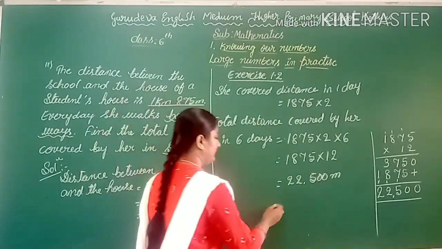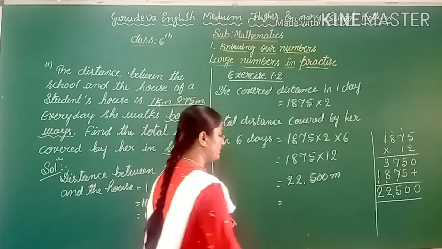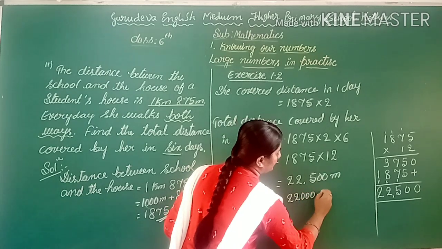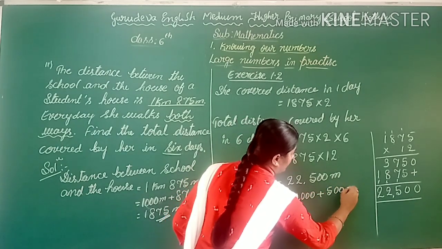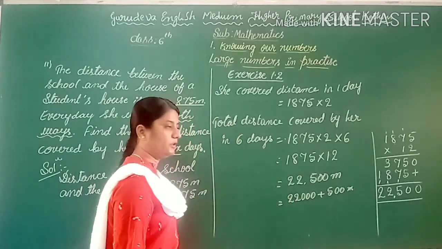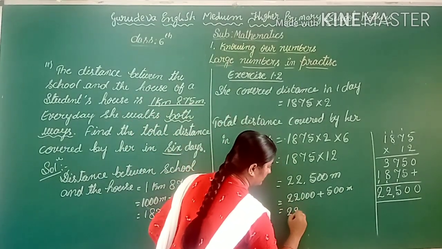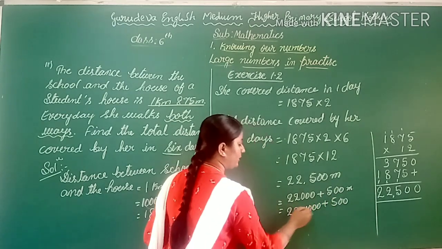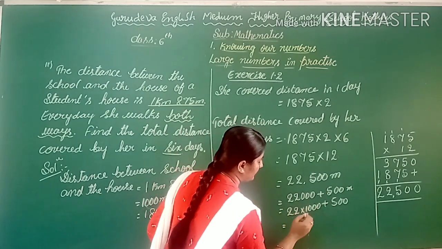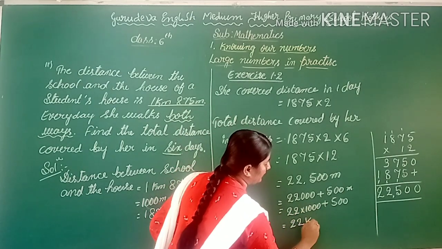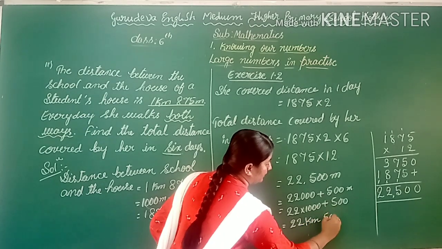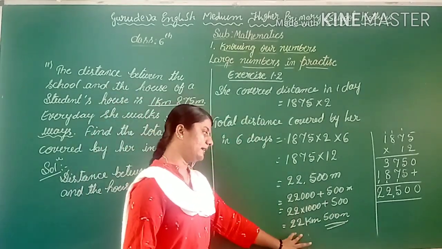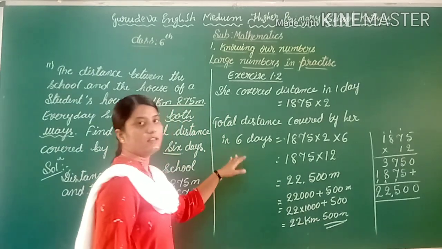You can also convert into kilometers and meters. 22,500, I will split here: 22,000 plus 500. 22 into 1000 plus 500. 1000 meter means that is kilometer. 22 kilometer 500 meter. So she covered 22 kilometer and 500 meters in 6 days.